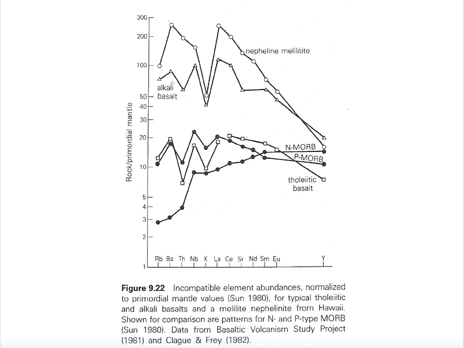Then the alkali basalt is already more enriched, whereas the tholeiitic basalt is following more or less the pattern from the enriched MORB, from the P-MORB. The nepheline melilitite is formed in a very, very late stage, and that is then very enriched in incompatible elements.